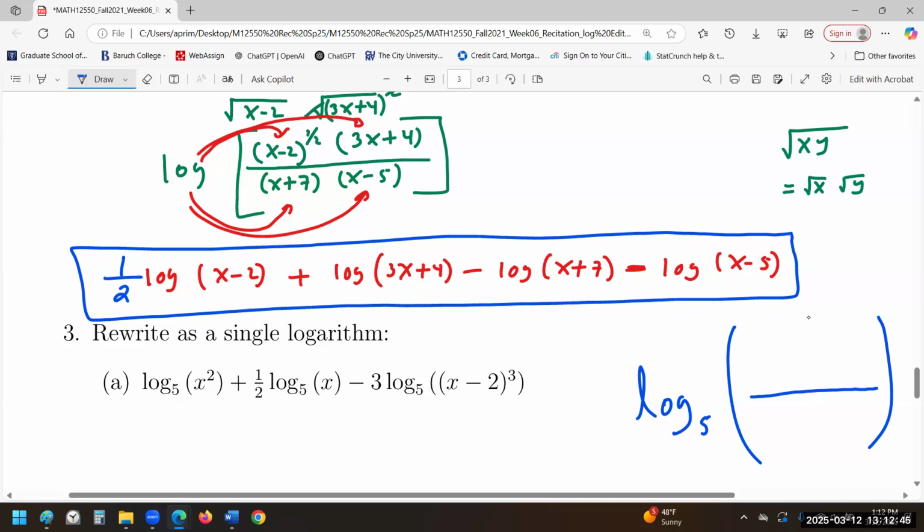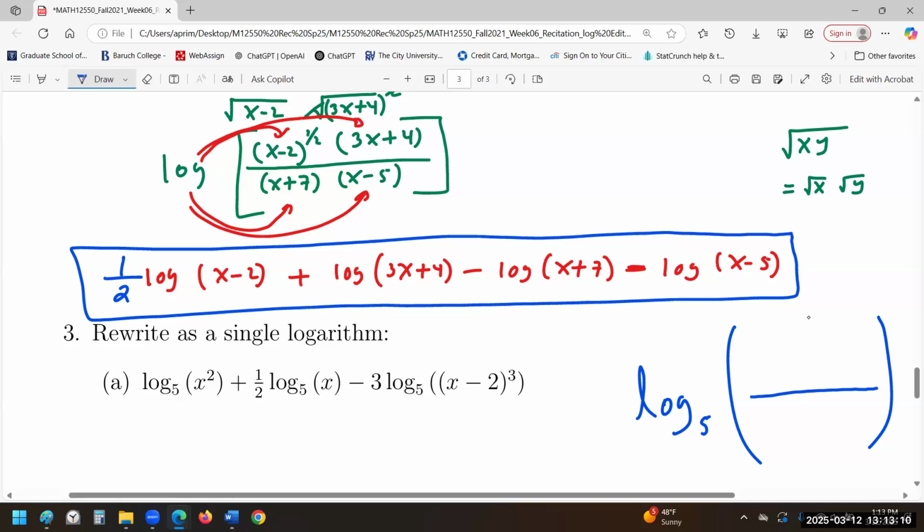So how many plus terms do you see? The first one and the second one, right? So the argument is supposed to go on the numerator. But before you put the arguments together, you cannot have any coefficient. If you see any coefficient, you must bring it up as an exponent.